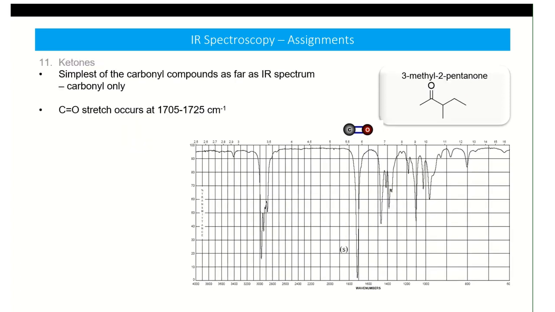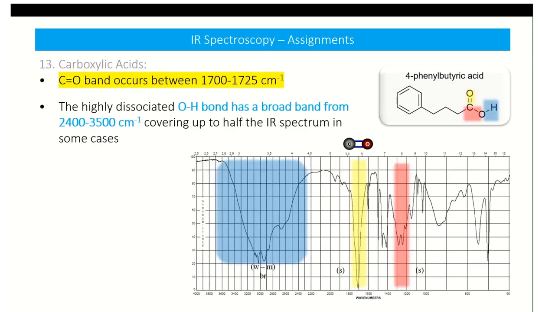Ketones, on the other hand, do not have a CH, so there are no CHs in this region here. But we can see that C double bond O very intense in the double bonded region. The carboxylic acid also has that C double bond O, but along with that, we have, of course, the OH.